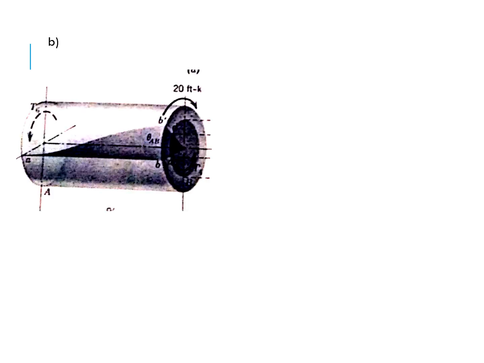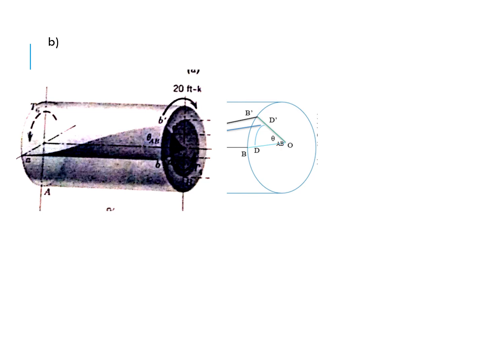In order to find part B, the twisting angle at B with respect to A, we have to understand the twisting concept. In this diagram, it is shown that the point B is moved to B dash, with respect to center, the theta AB. So this is a side view.